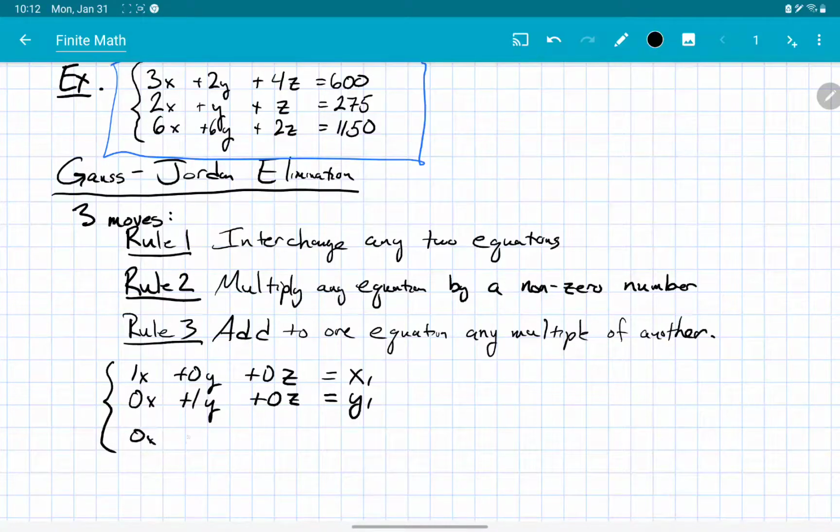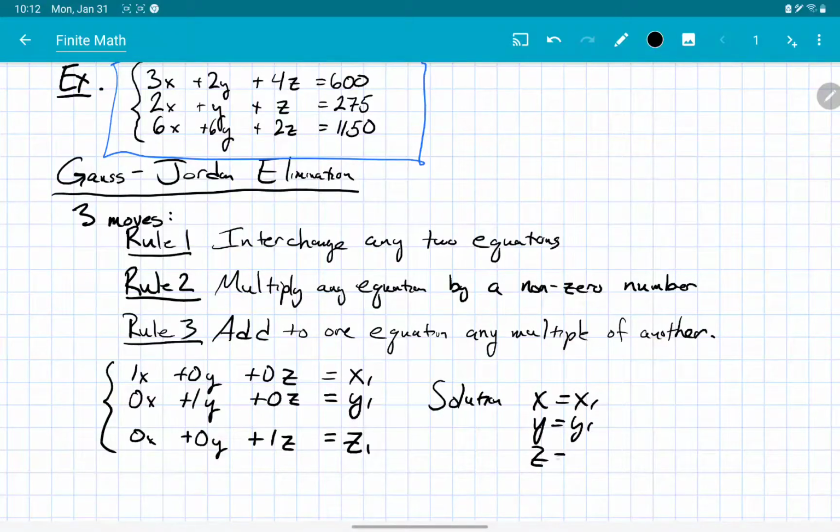And 0x plus 0y plus 1z is equal to z1. Then the solution is x is equal to x1, y is equal to y1, and z is equal to z1.